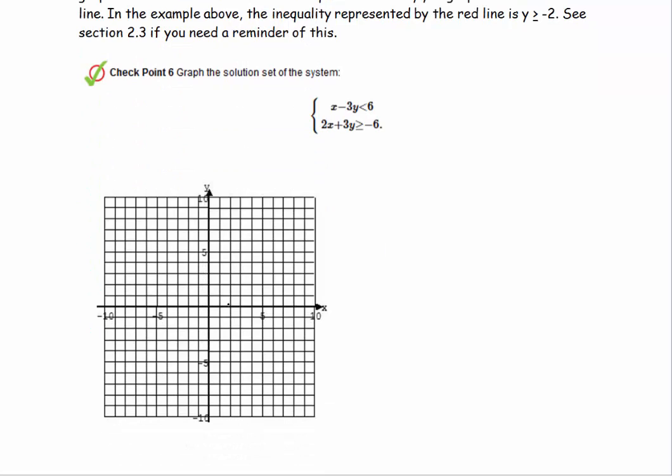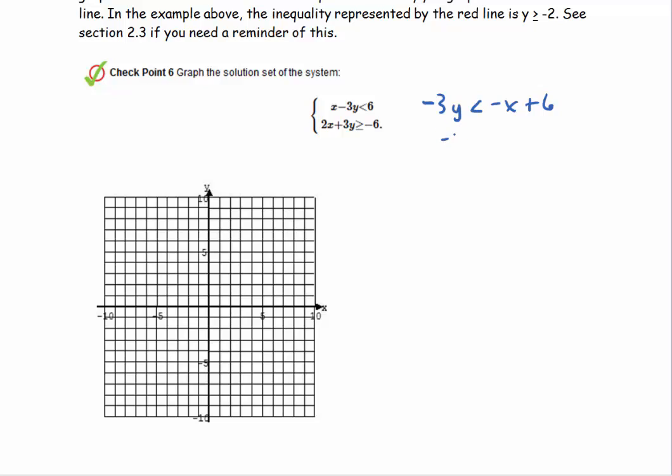Here our system is x minus 3y is less than 6, and 2x plus 3y is greater than or equal to negative 6. So let's start with the first inequality, x minus 3y is less than 6. As I said earlier, what I suggest is that you solve for y so that we can graph this using a y-intercept and a slope.